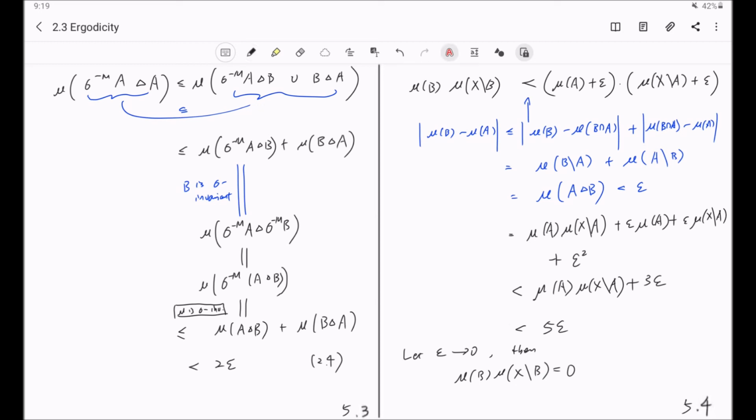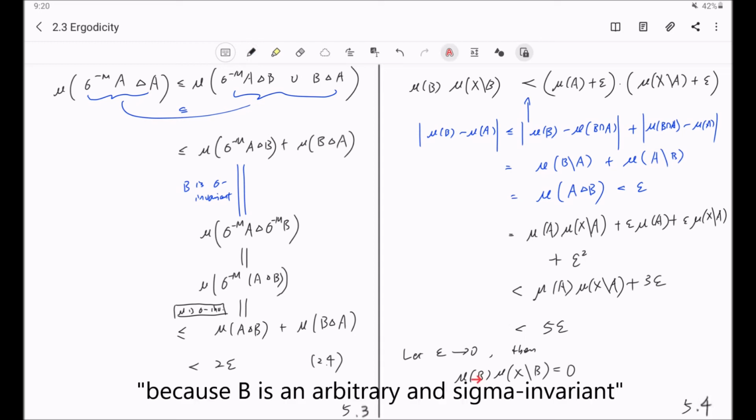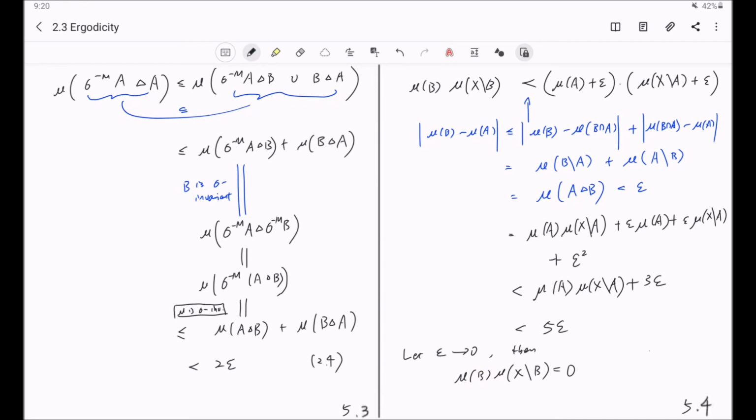And either the measure of B is 0 or the measure of B is equal to 1. That proves the ergodicity because B is arbitrarily chosen. This finishes the proof finally.